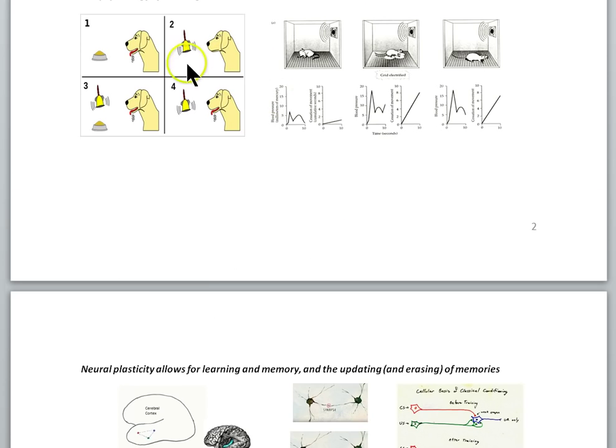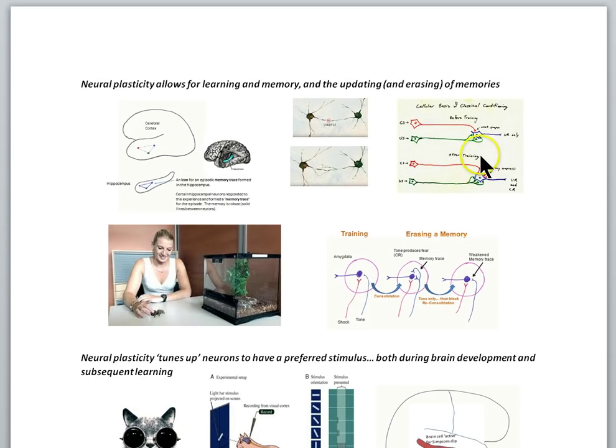Likewise, for the dog conditioning, the bell and the food, we can think of the 2 neural pathways as converging on the common target cell, the blue cell. When the blue cell gets turned on, the dog will salivate. Well, before training, the bell does not activate the target neuron. It's a weak synapse. The food will activate the target neuron. Strong synapses, many synapses here.